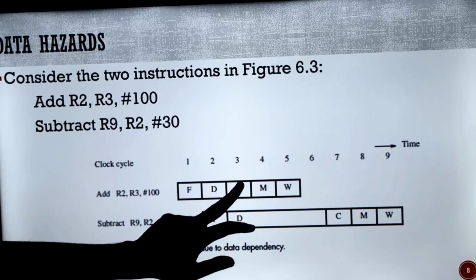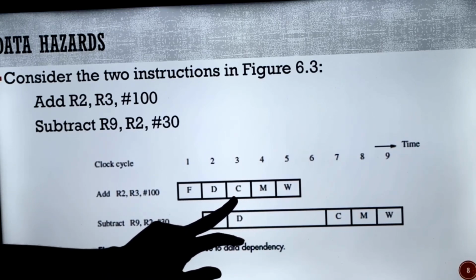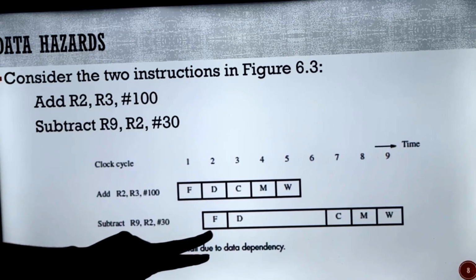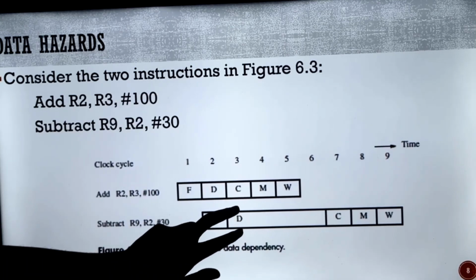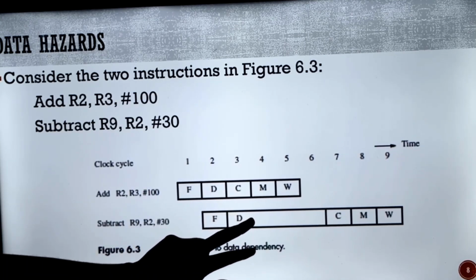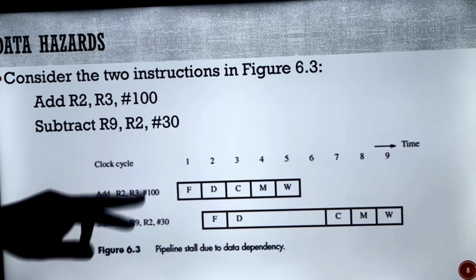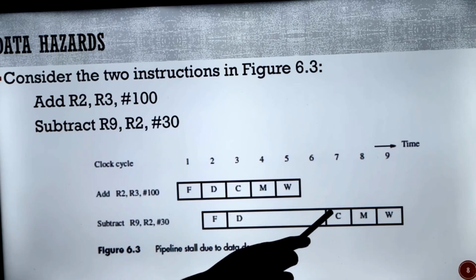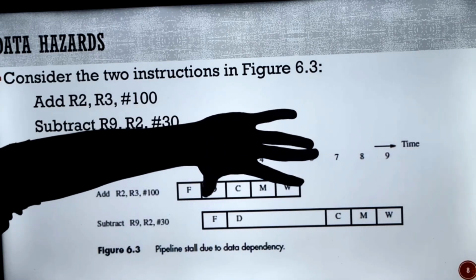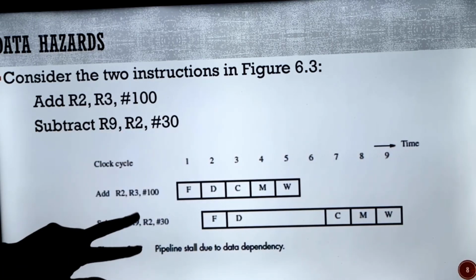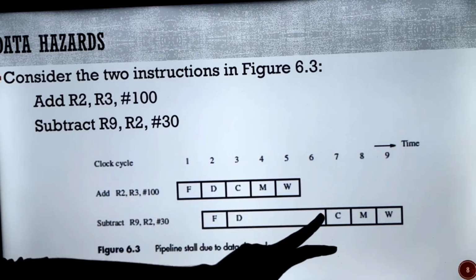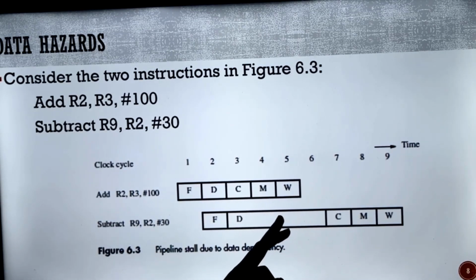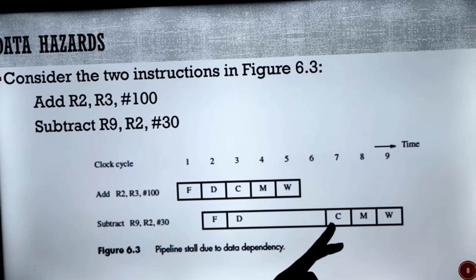In the third clock pulse, I am computing the first instruction, and at the same time I cannot decode the second instruction because I am waiting for the updated value of R2. Only after the first instruction finishes all its stages can I finish my decoding, and then go for computing.